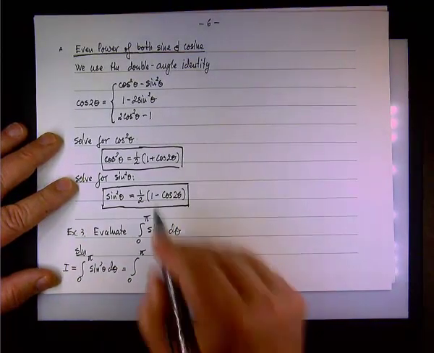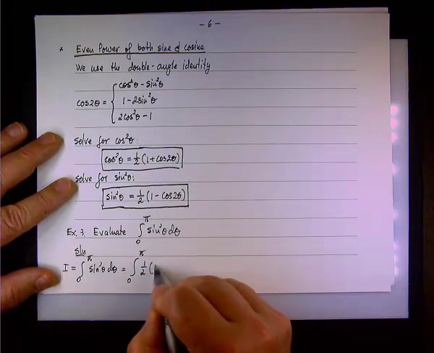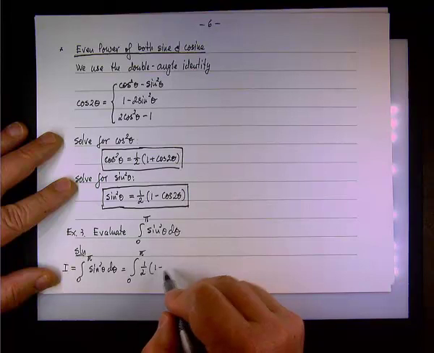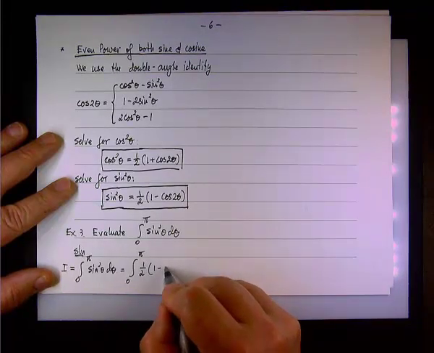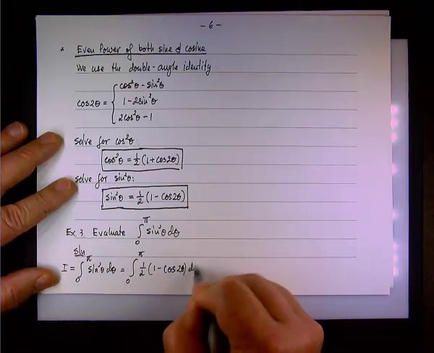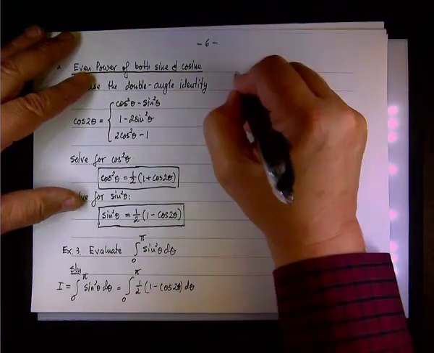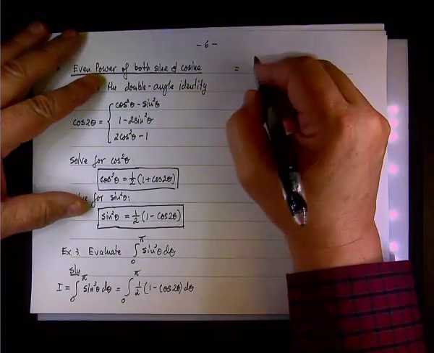So immediately we're going to say this is the integral I, from 0 to pi. Instead of sine squared, we're going to pick up the last substitution. We write it as one half times 1 minus cosine of 2 theta d theta.